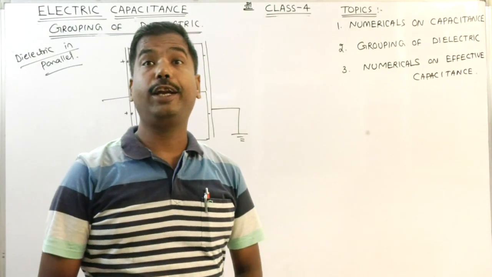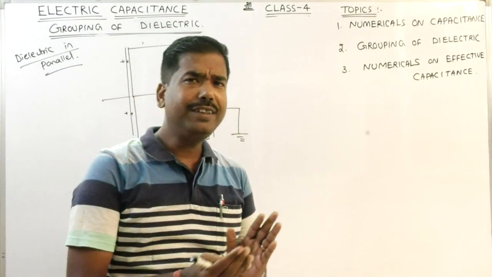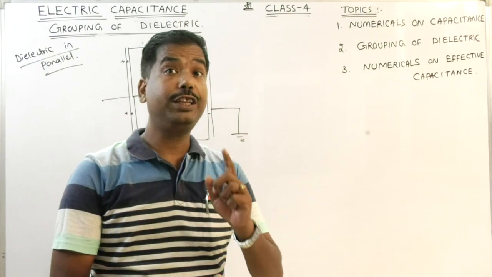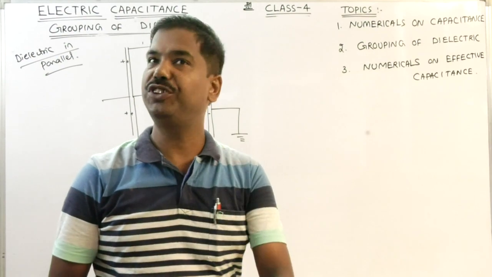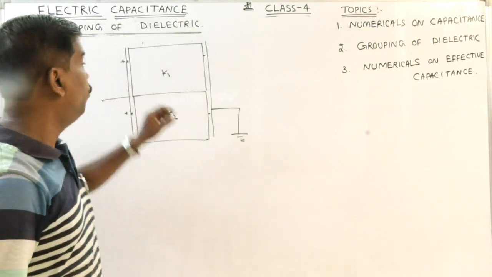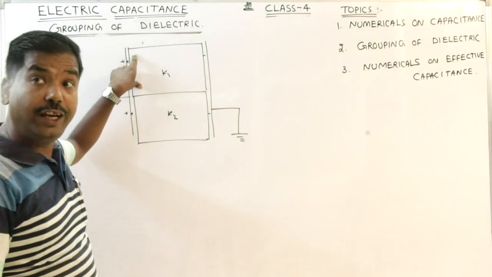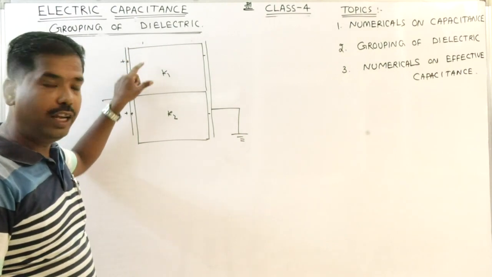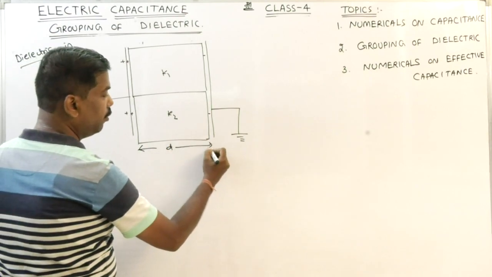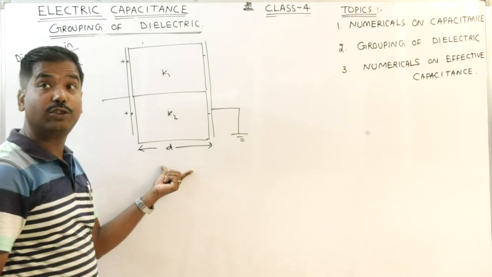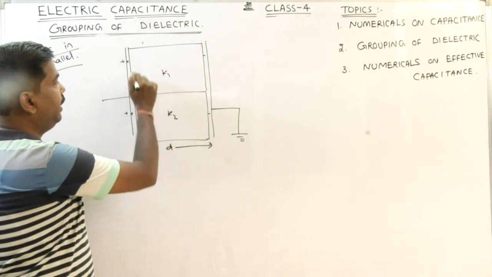When dielectrics are said to be in parallel, previously I discussed that when the dielectrics have equal area but different thickness, they are said to be in series. Now I would like to say that when the dielectrics have different area but the same thickness, it is called dielectrics in parallel. So here the thickness is constant but the area is different.